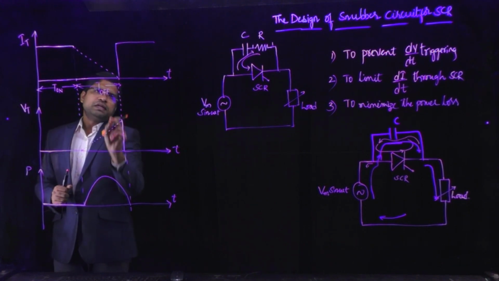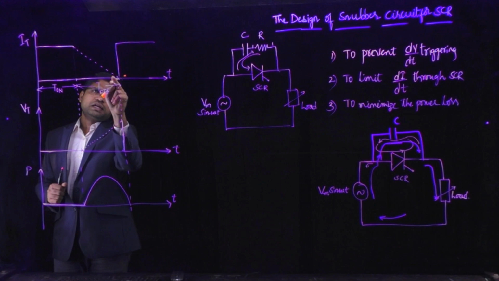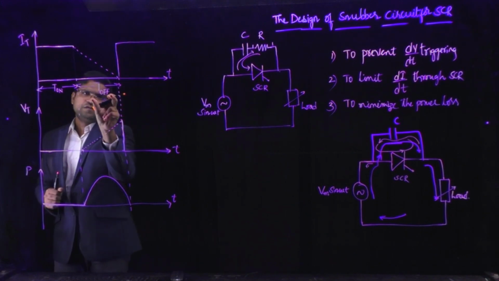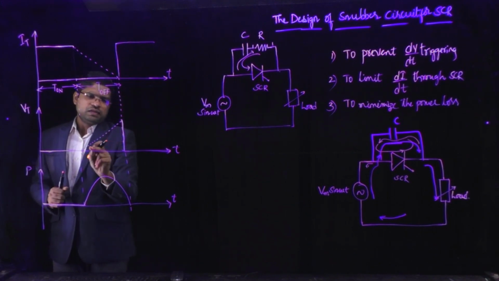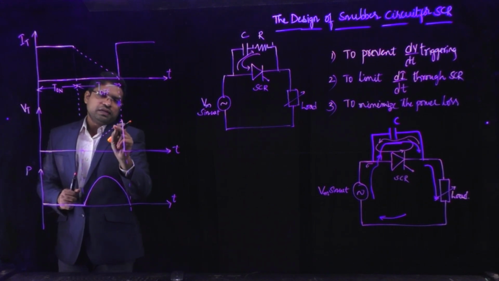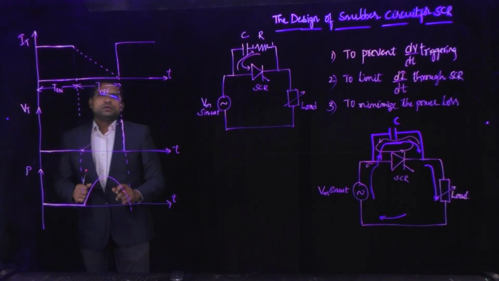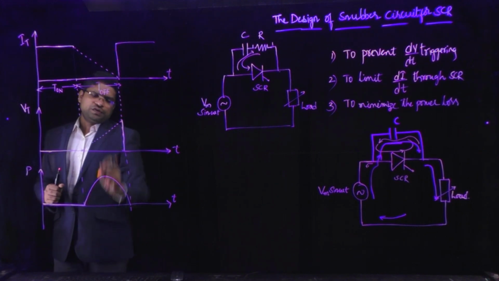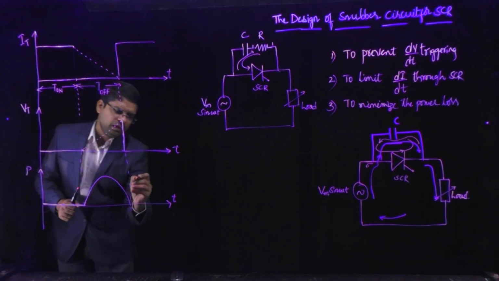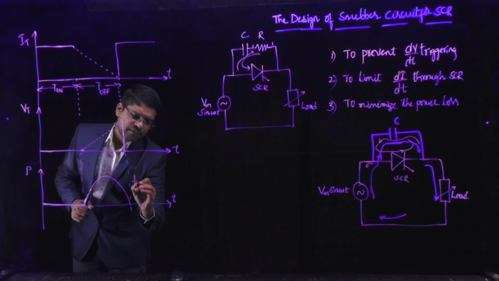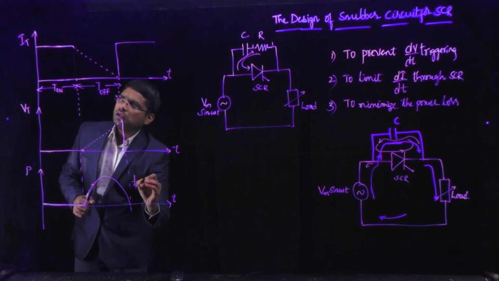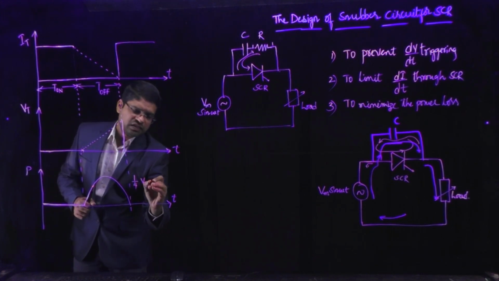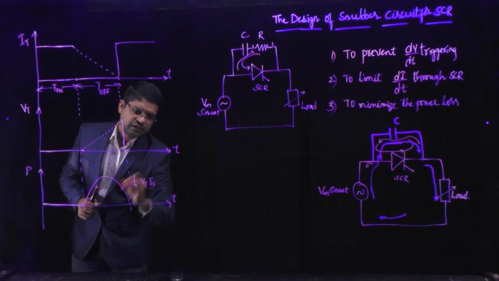So let us assume a linear decrease in current during turn off, and a linear increase in voltage across the SCR. When we multiply this current and voltage waveform, we may get the power like this. It may be 1 by 4 times the voltage across the SCR and the current flowing through the SCR.